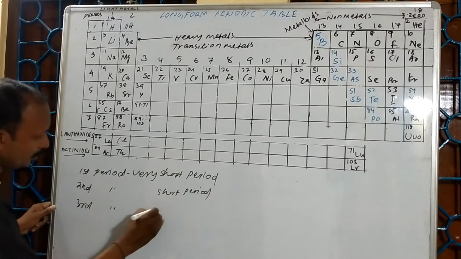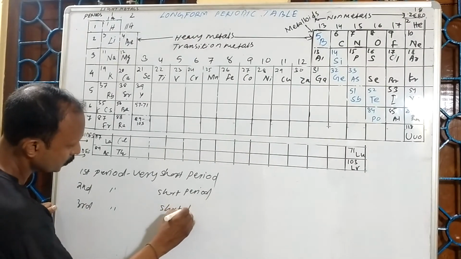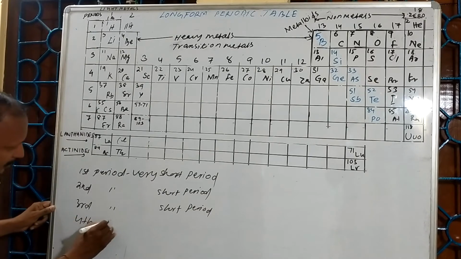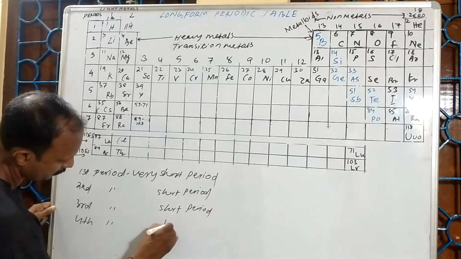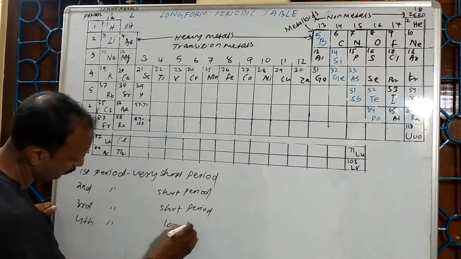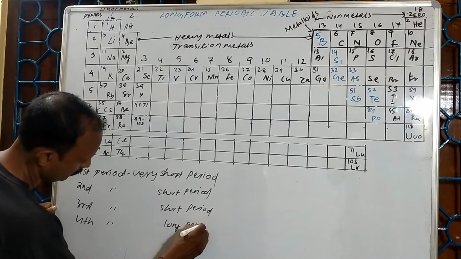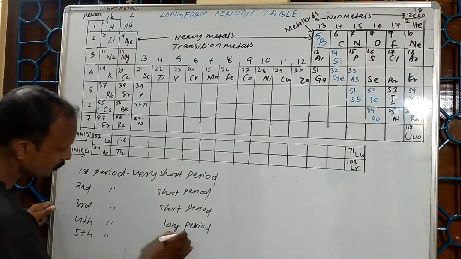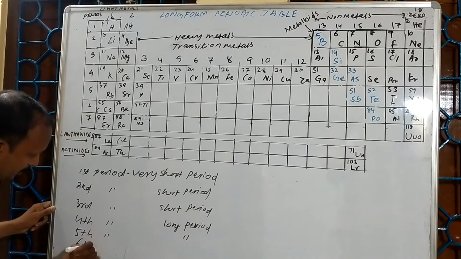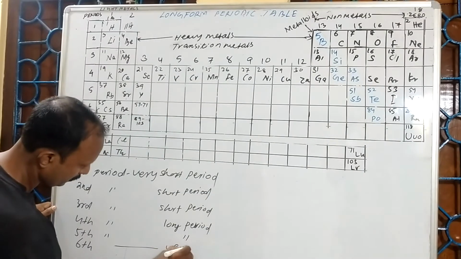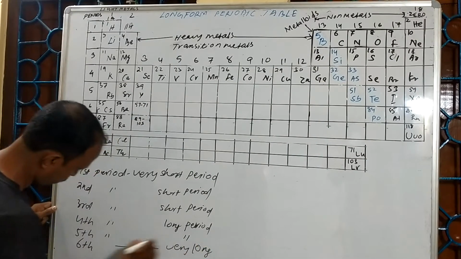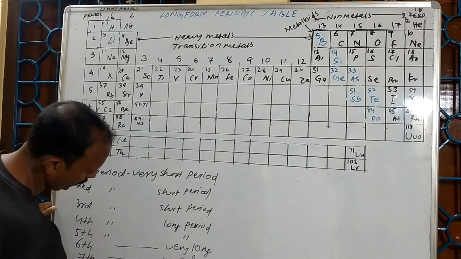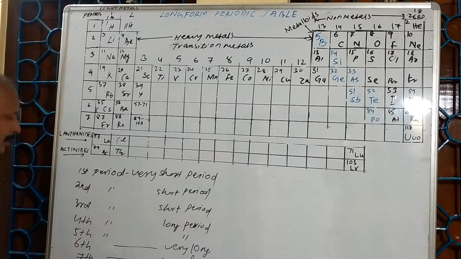Third period also short period. Fourth period, long period. Fifth period also long period. Sixth, very long. Seventh also very long periods.